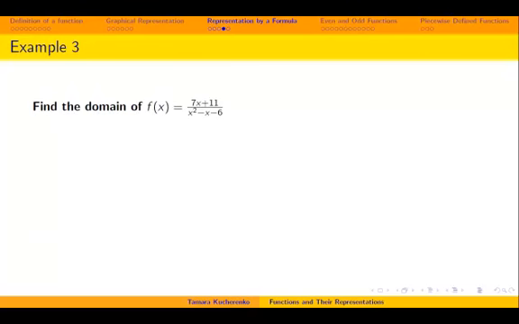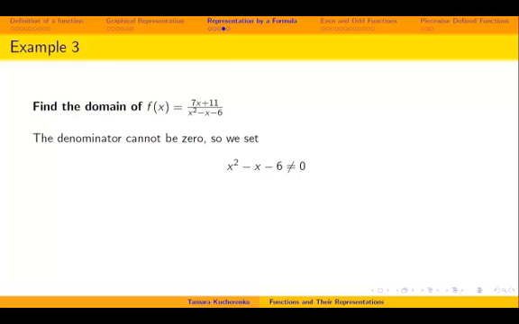The third example is to find the domain of f of x equals 7x plus 11 divided by x squared minus x minus 6. The denominator cannot be 0, so we set x squared minus x minus 6 not equal to 0.